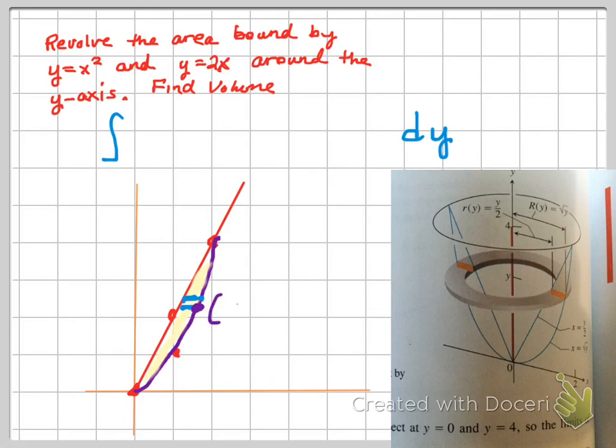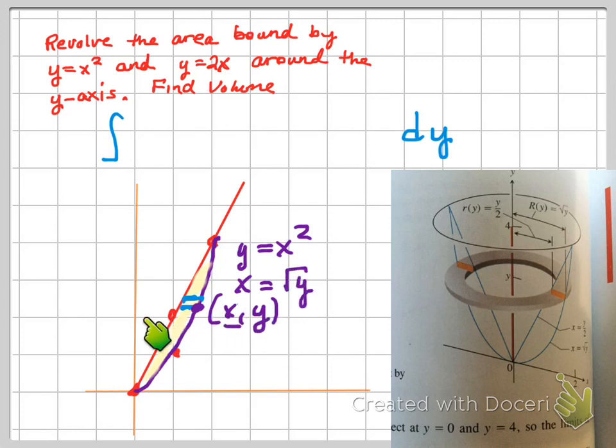I know this point is x comma y, and x, the distance from here to here, is my outer radius. And I know that for this problem, y is equal to x squared. So if I solve that for x, I would square root both sides, and I get x is equal to the square root of y.